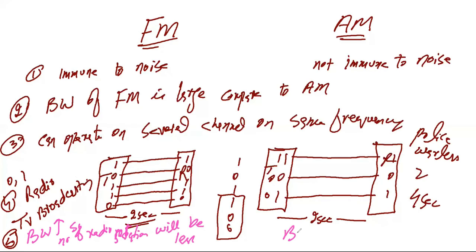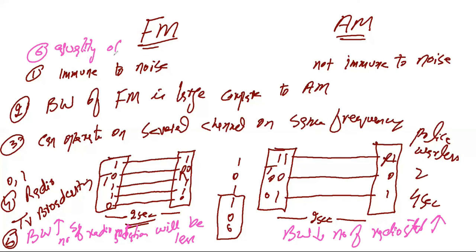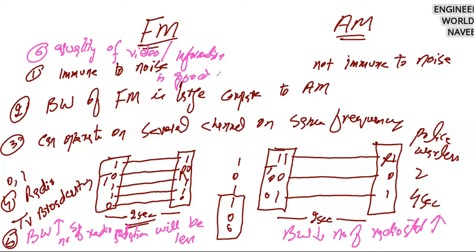Here the bandwidth is low, so the number of radio stations is high. Here the quality of video, audio, or information is good compared to AM. With AM the quality is not too much low.